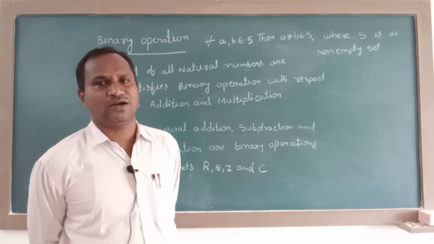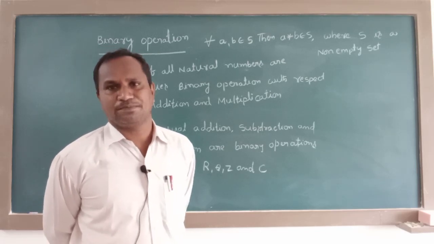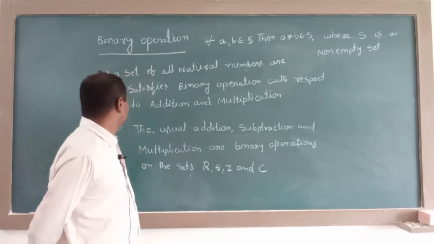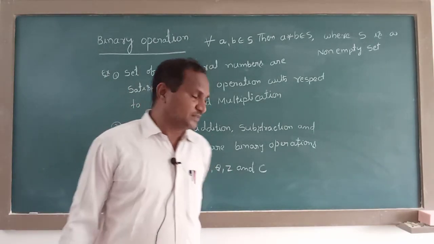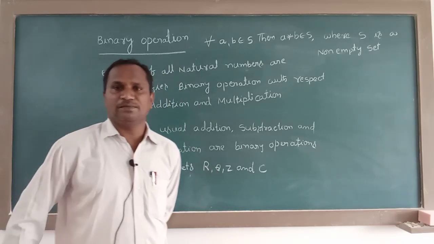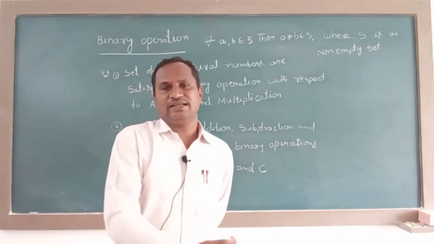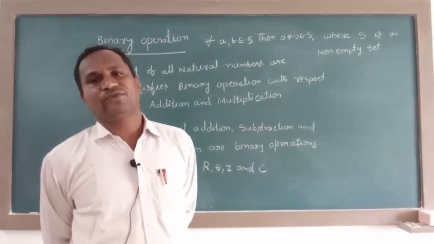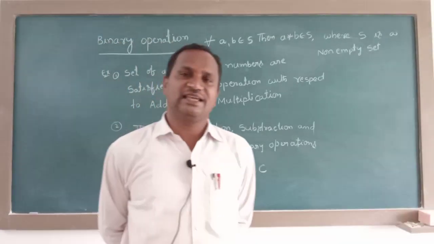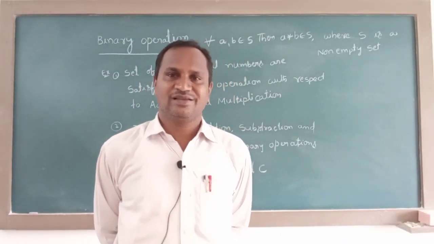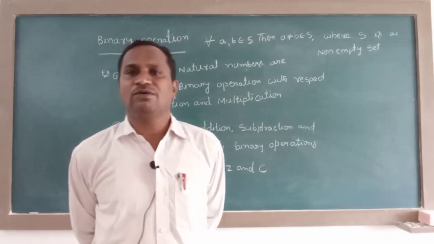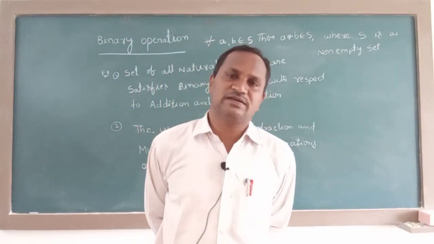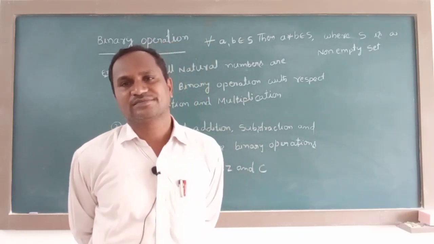Let us first finish this second example. In case of rational numbers, the sum of any two rational numbers is again a rational number. In subtraction also, the subtraction of any two rational numbers is again rational.